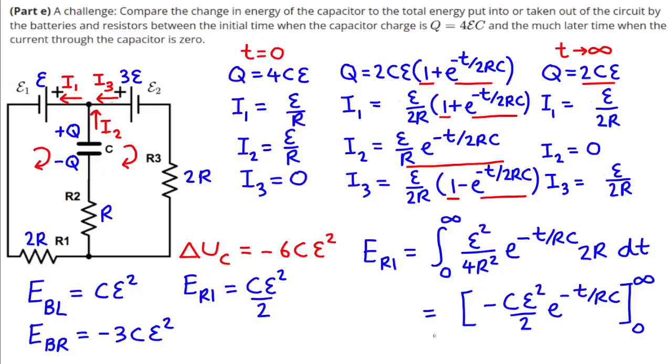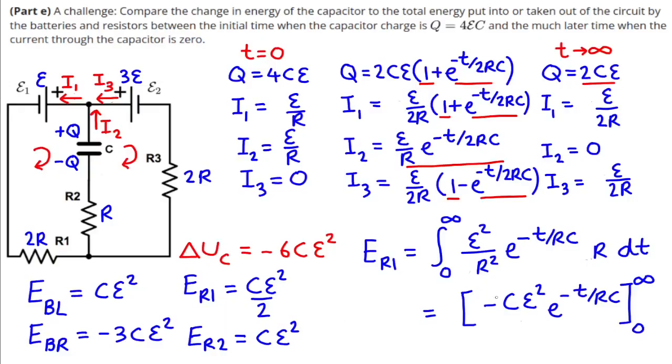And now similarly, for the second resistor, we have our current being epsilon on R by e to the minus t on 2RC. So the power is the current squared, or epsilon squared on R squared, multiplied by the resistance, which is R. So what we get in this case is minus C epsilon squared, and then evaluating the integral gives ER2 equal to positive C epsilon squared.